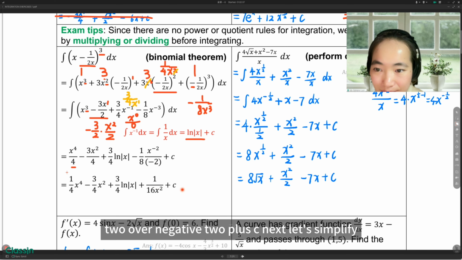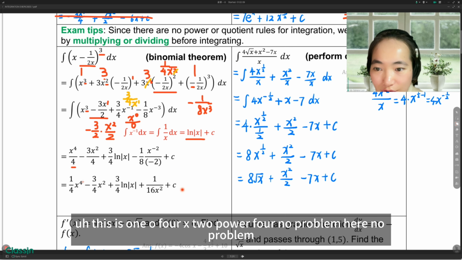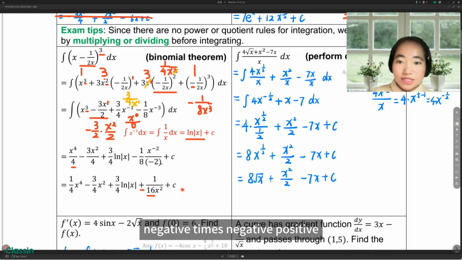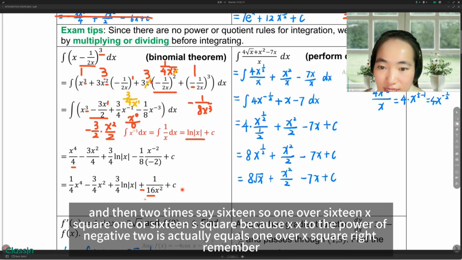Next, let's simplify. This is 1 over 4, x to the power 4, no problem. Here, just copy it. And here, negative 1 over 2 times negative 2 will be, because negative times negative is positive, and then 2 times 8 is 16.